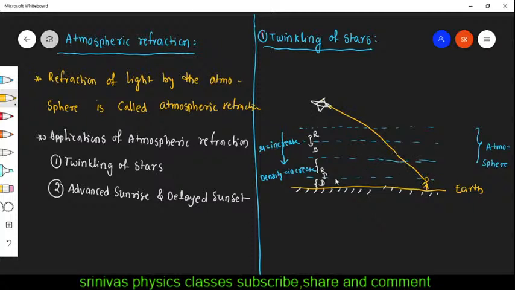If you extend this light ray, for example the light reaching here like this, we will get it like this. Actually light should travel in a straight line path, but here it is not traveling in a straight line.